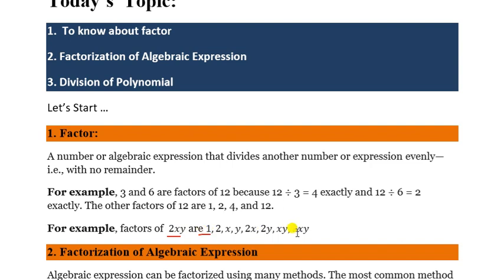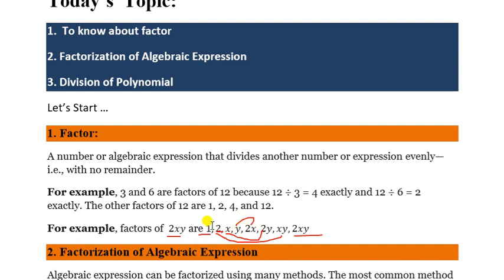That means 2xy. At the same time, this 2xy is divisible by 2. If we divide by 2, then the quotient will be xy. For x, you will get 2y. For y, you will get 2x.